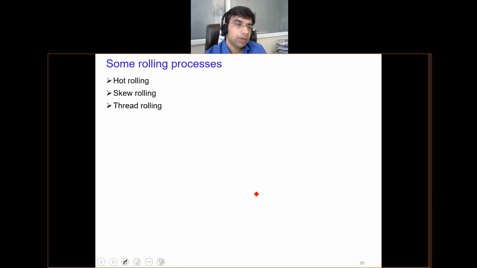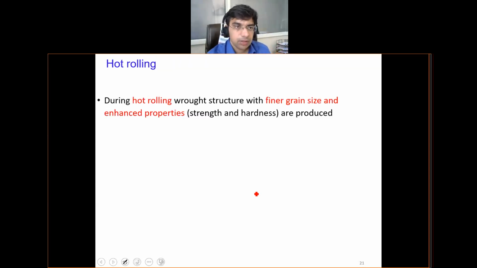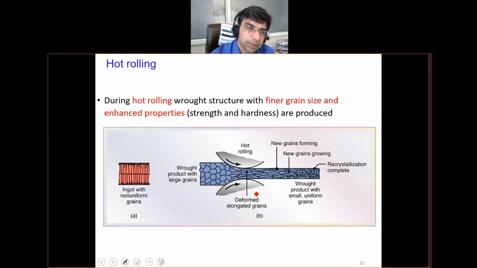Then we move to the description of certain varieties of rolling process. Although this is not an extensive list, these are some of the common ones. In the hot rolling process, as I already discussed, you are working above the recrystallization temperature. The grain structure of the material after passing through the rolls will be deformed, and smaller, new grains will be produced.